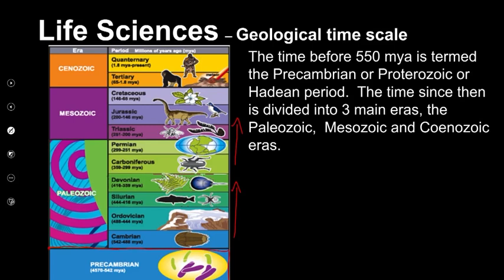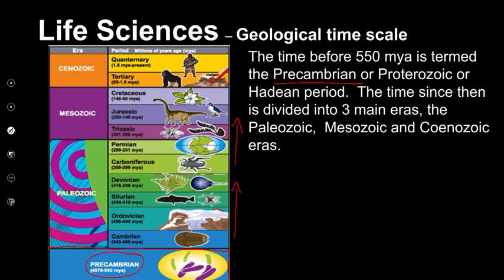The time before the Cambrian explosion is called the pre-Cambrian era. And that's all those 4,550 million years that we looked at in the previous lesson. And what we're looking at now is what happened after that.